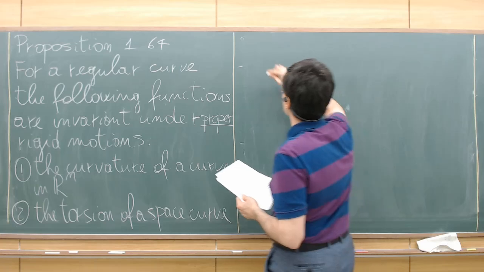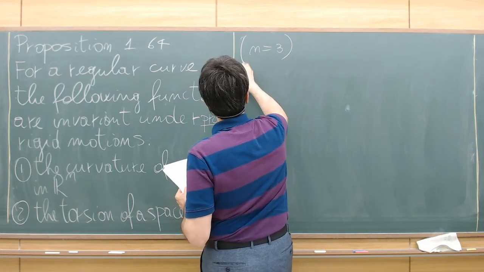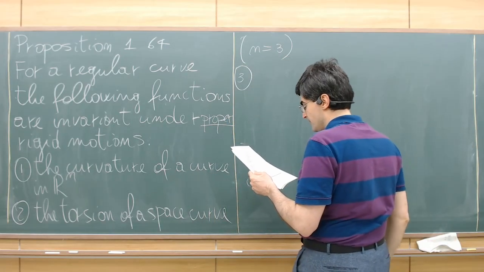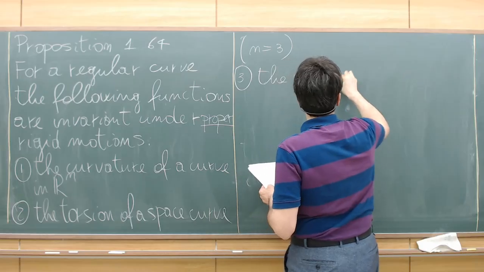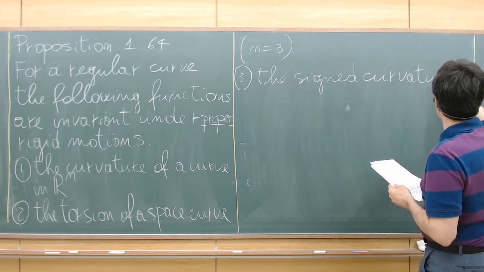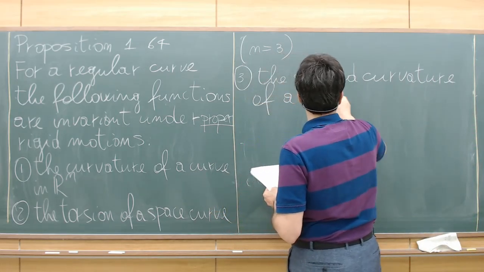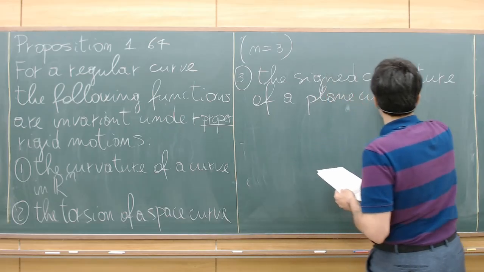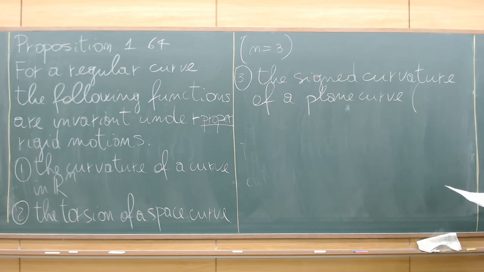So this means we are working in R3. And the third function, which is invariant, is the sign curvature of a plane curve. So this is the R2 case, so n equal to 2.